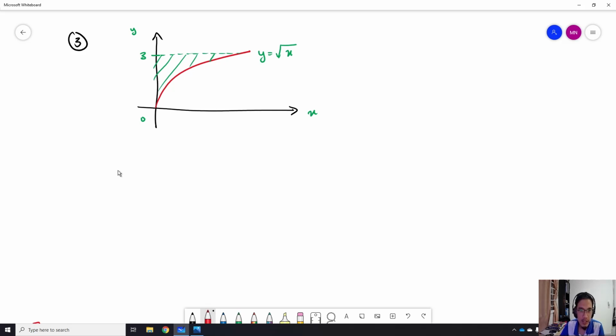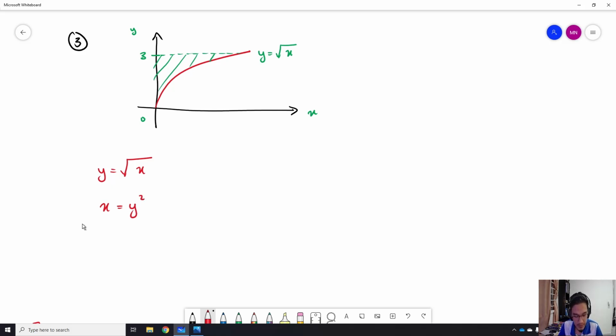Okay, so what we need to do is look at the equation of the graph function, that is y equal to square root of x. So when we want to find the area under the graph that is enclosed towards the y-axis, we need to change our equation, put it in the term of y. So it becomes x equal to y square.